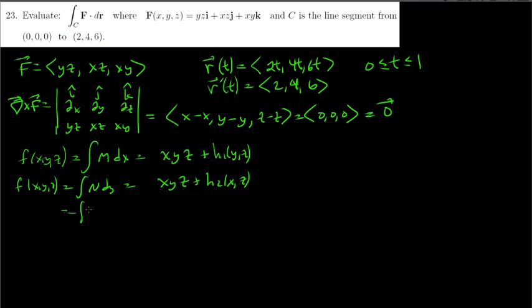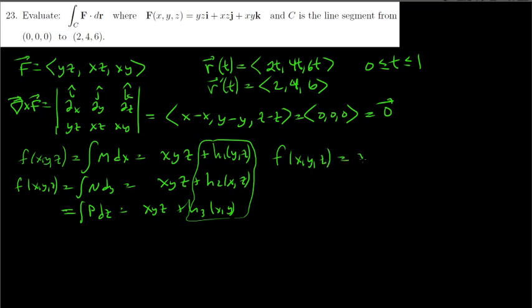And finally, when you integrate p dz, you get xyz plus some function of x and y. Now it's pretty clear that all three of these functions are just a constant. So your potential function couldn't be easier. It's xyz plus a constant.